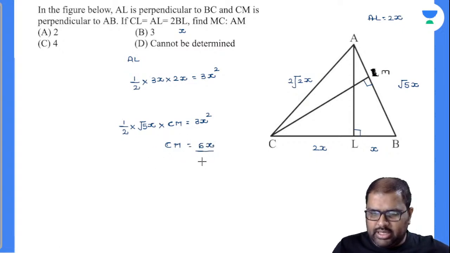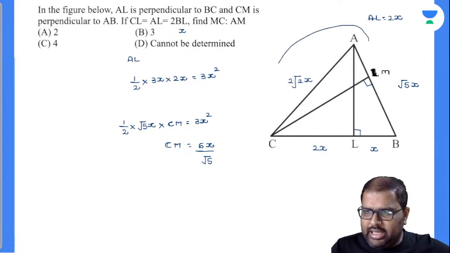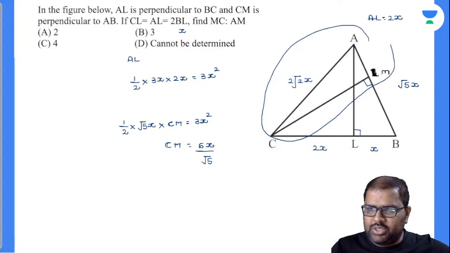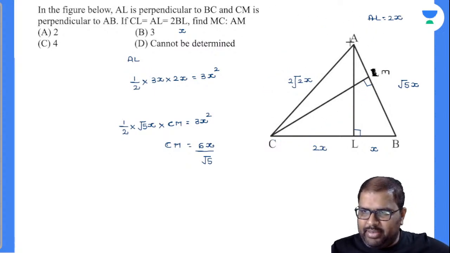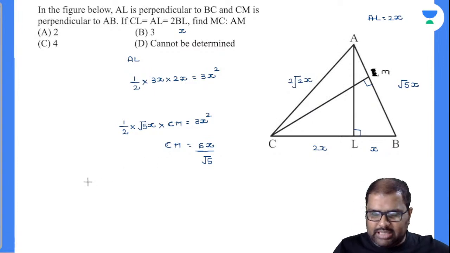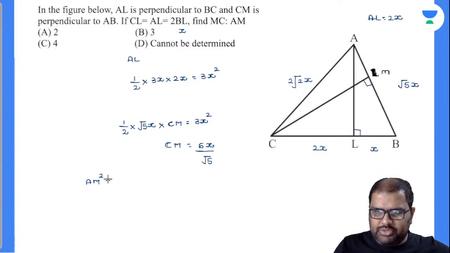Okay, so I got the value there. Now observe closely triangle AMC. It is also a right angle triangle. By this, what can I say? CM is perpendicular and AM is perpendicular, so AM square plus CM square is equal to 2 root 2x whole square.